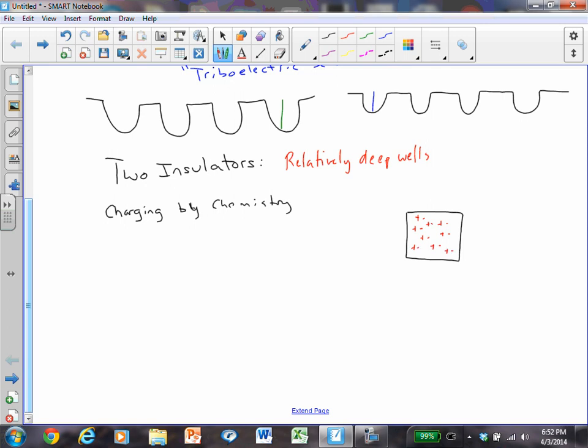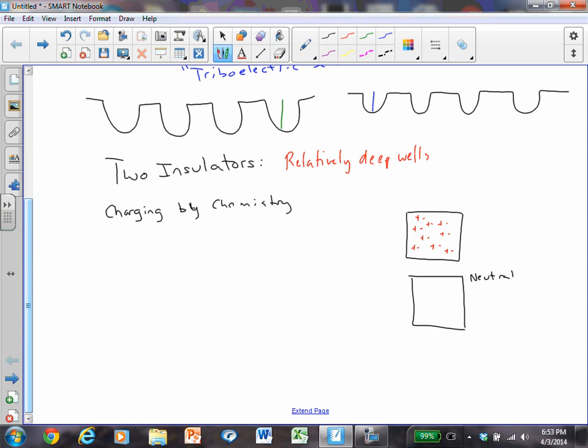And I'd be here for the rest of my life and many lives after mine to fill that in. So by convention, we look at this empty box as the neutral box, okay? And if it has excess charge, we add the excess charge onto it.